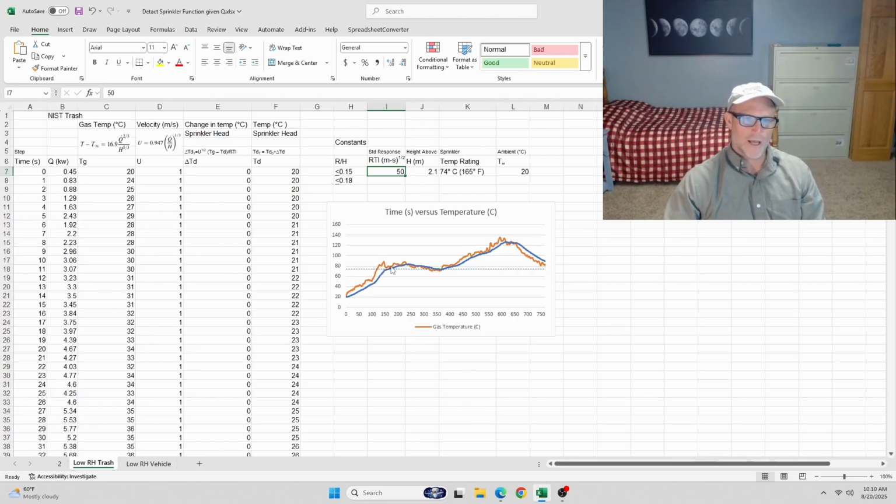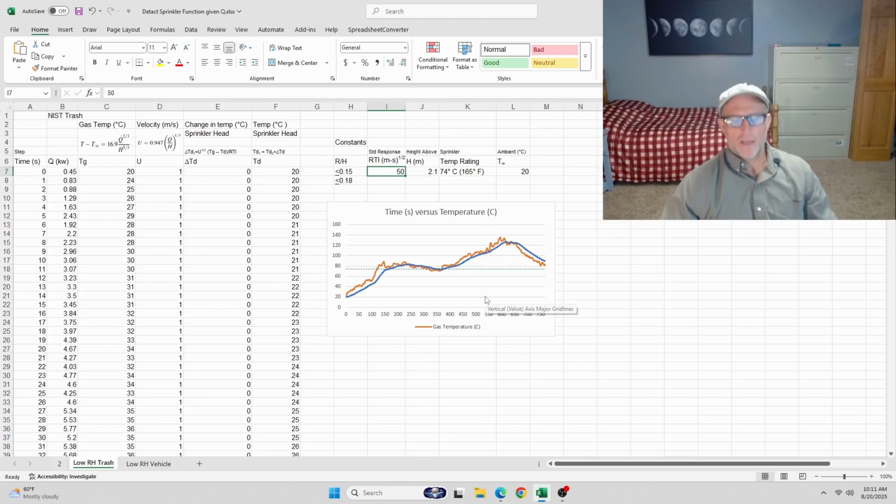Whereas this rougher line beside it is the gas temperature. As soon as the bluish line crosses this dashed line, that's when you can expect initiation. After flaming combustion starts, it's a good 3 minutes before you initiate that head. That's how long it takes. That's at 7 feet, 2.1 meters.